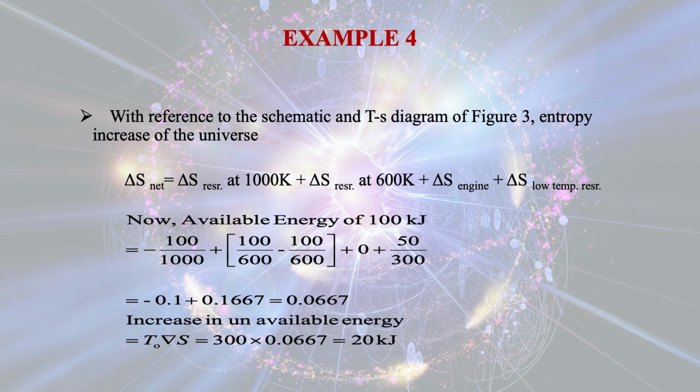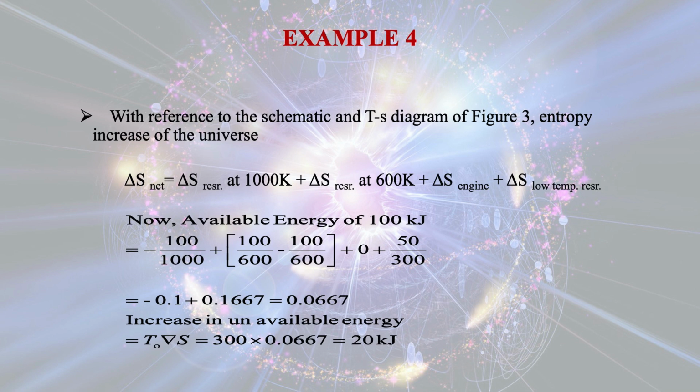The first term is negative because that is the heat loss from the surroundings or universe, and the second one is the change in entropy at the 600 Kelvin reservoir, and 0 is the change in entropy for the engine because it is a reversible engine, and the last one is the change in entropy of the low temperature reservoir.